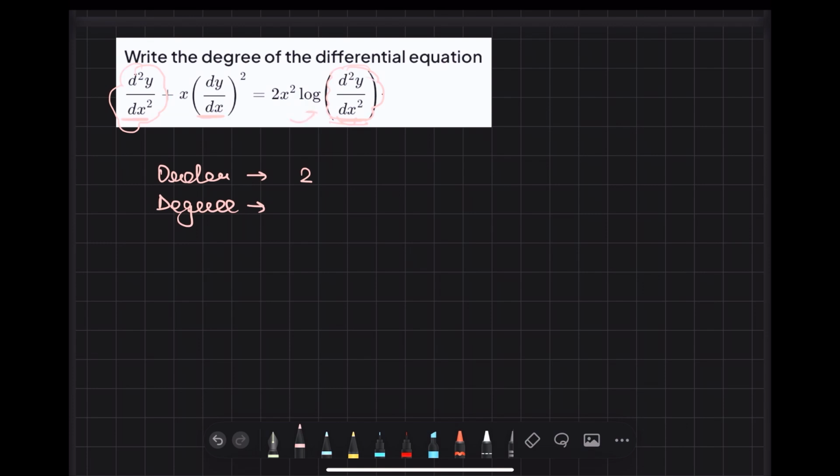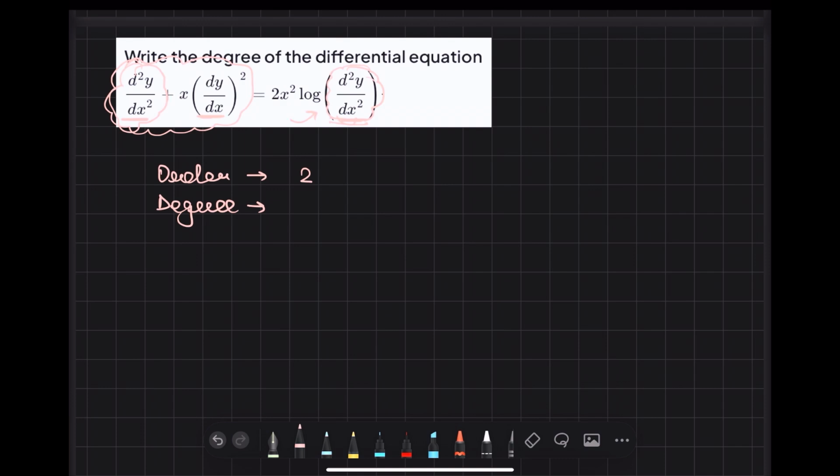Suppose you say, sir, I will remove log by taking anti-log on both sides, so we take e on both sides. But don't you think the e power will carry these things, so they will come under the argument of the exponential function.